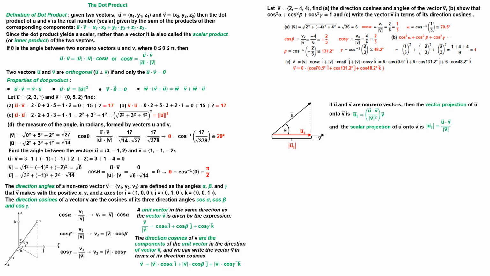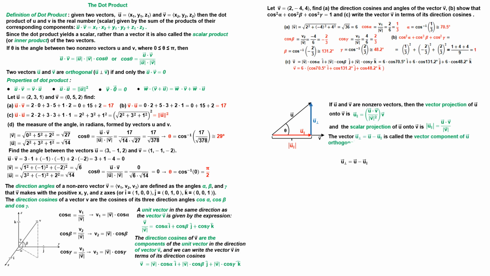Moreover, it is evident from the figure that if we subtract the vector projection of u onto v from u, then the resulting vector will be orthogonal to vector v. We call this the vector component of vector u orthogonal to vector v.